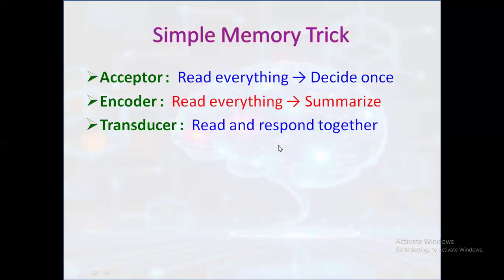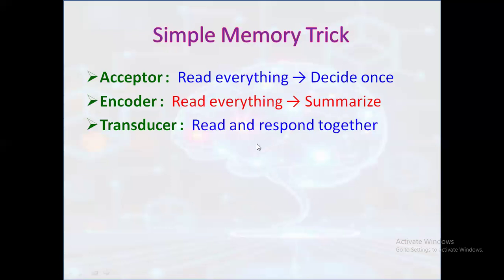The encoder model reads everything and summarizes, similar to how I listen to a long lecture and then write short notes that capture the main ideas. Here the RNN converts the whole input sequence into a compact fixed length vector that represents the entire sequence.